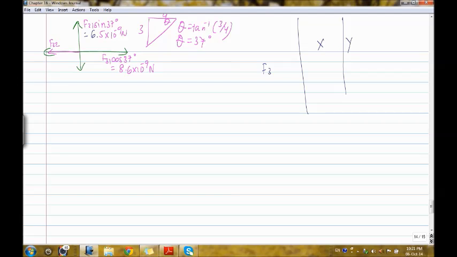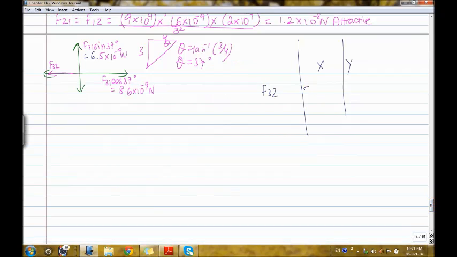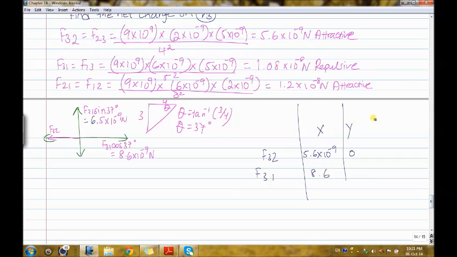Let's start with F32, which is 5.6 times 10 to the power of negative 9. Because it's lying on the x-axis, the y would be 0. Then we have F31, which is 8.6 times 10 to the power of negative 9 for the x component, and then the y component is 6.5 times 10 to the power of negative 9.